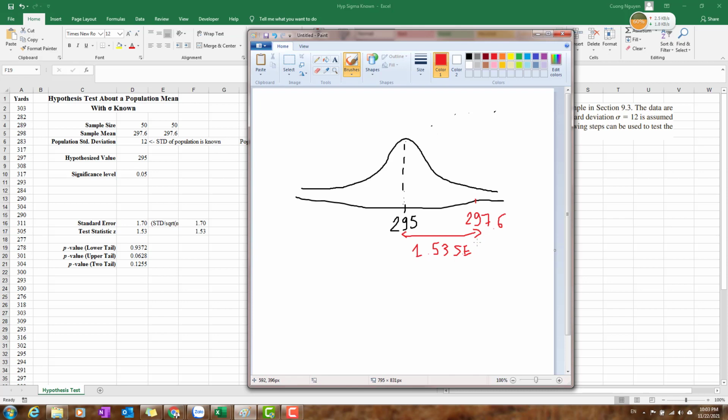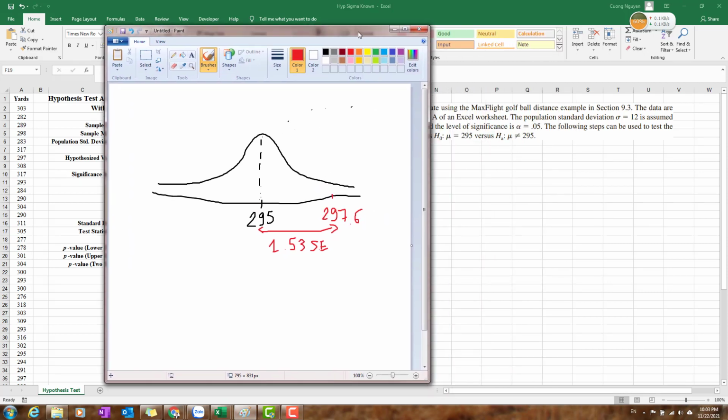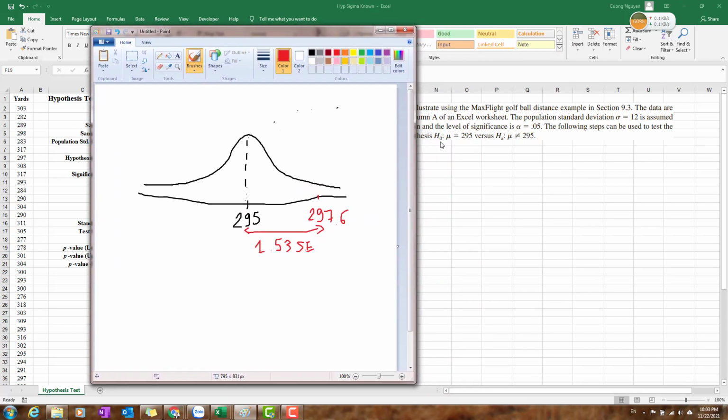So basically, when we reject the null hypothesis, it means the mu should be very far from 295. It is different, meaning on both sides it will be very far from 295, either on the right side or on the left side.